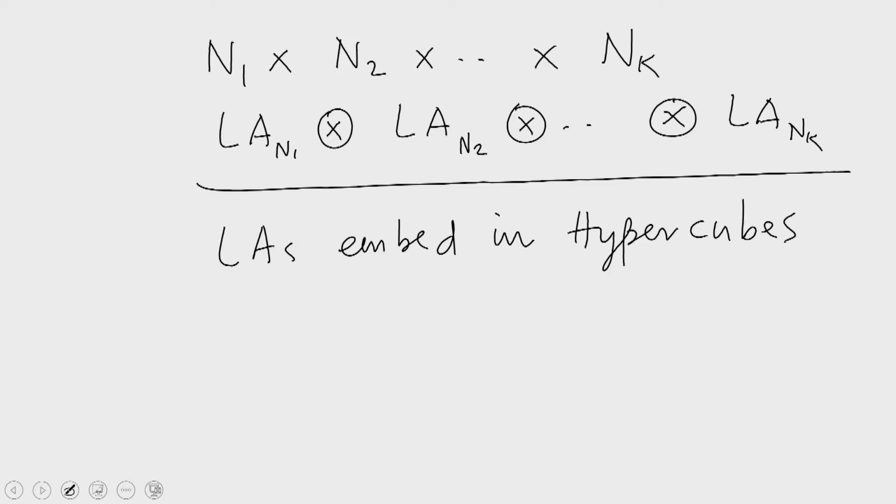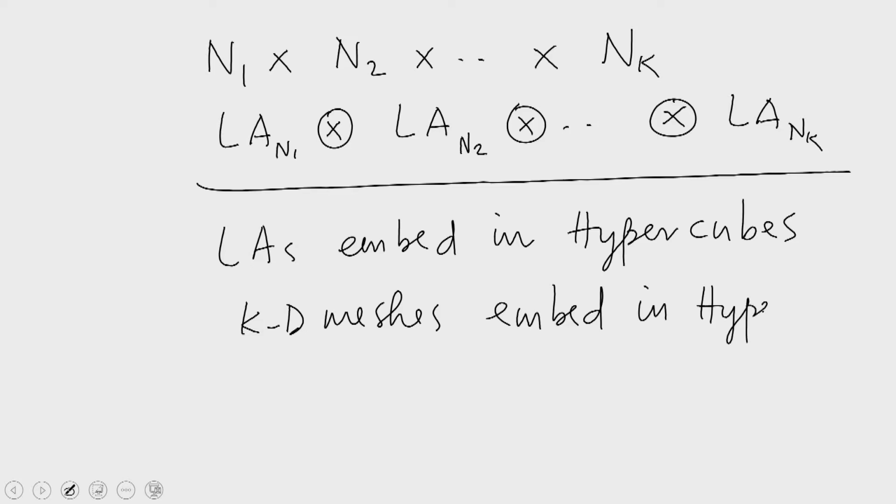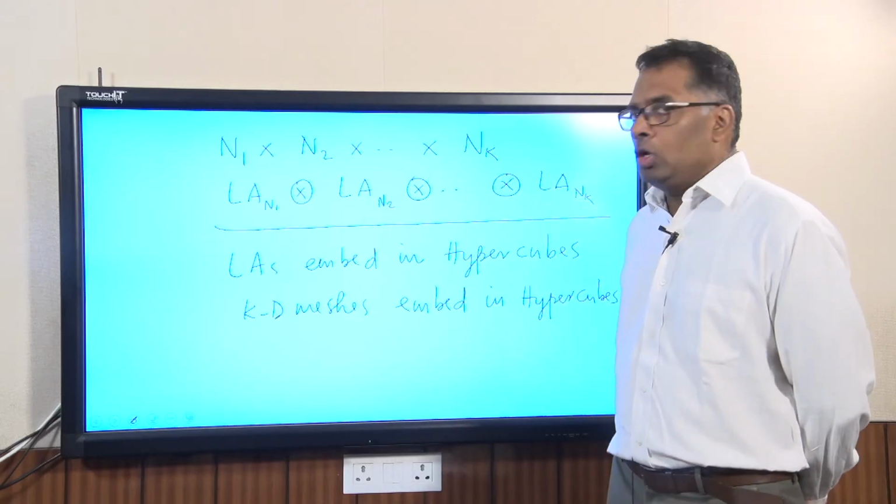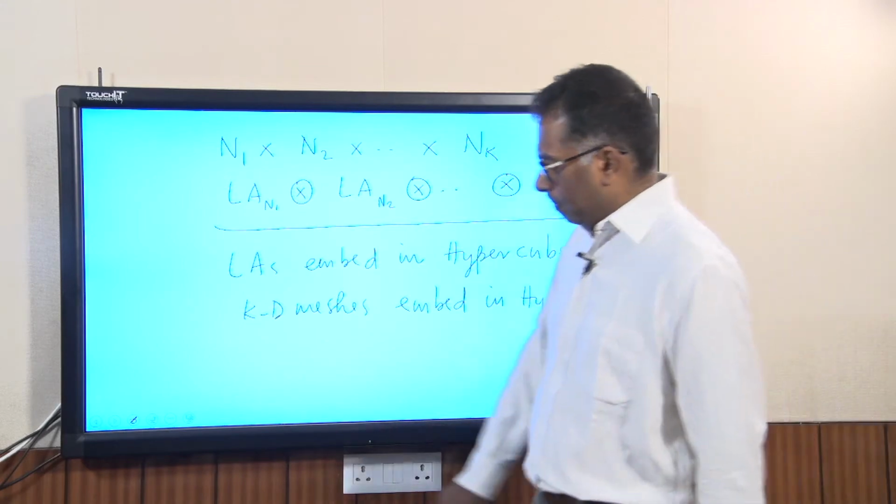Therefore, we will be able to show that k-dimensional meshes embed in hypercubes, because k-dimensional meshes can be expressed as cross products of linear arrays and hypercubes can be expressed as cross products of hypercubes. So, that is what we are going to show next.